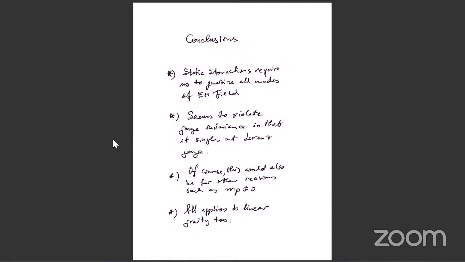Okay, another question I have, if nobody else is in queue: when we perform this Gupta-Bleuler quantization, we have this constraint, and we say that the physical state should be annihilated by this constraint, right? Yes.